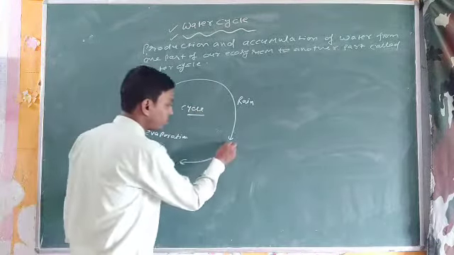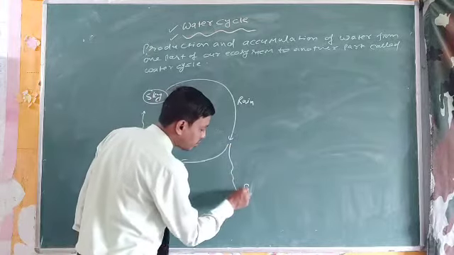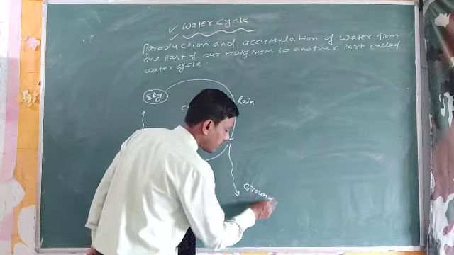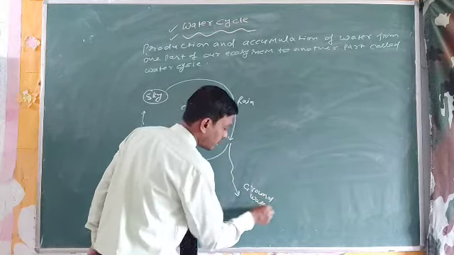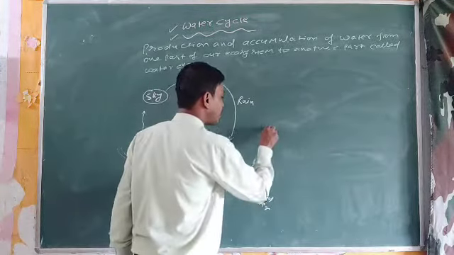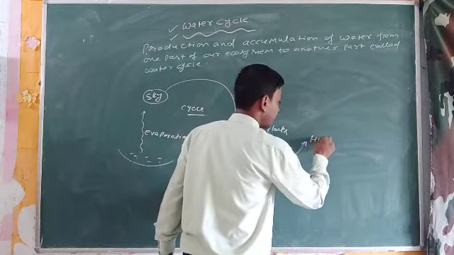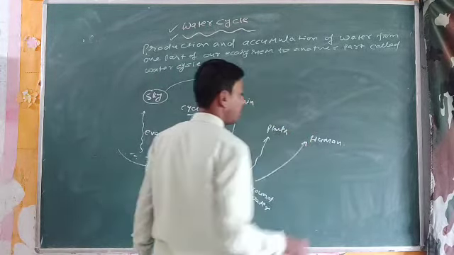Now the surface flowing water gets absorbed into the ground. That forms the groundwater. And groundwater is later utilized by the plants, by human beings, and by the other organisms.